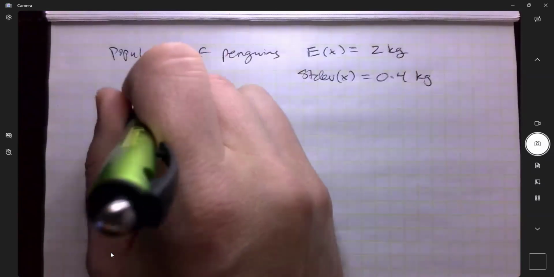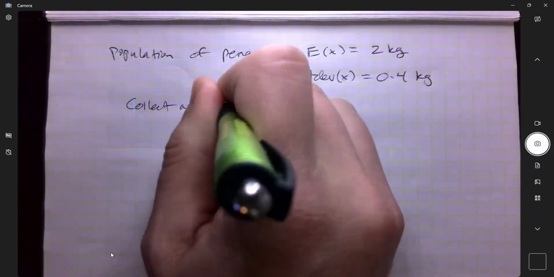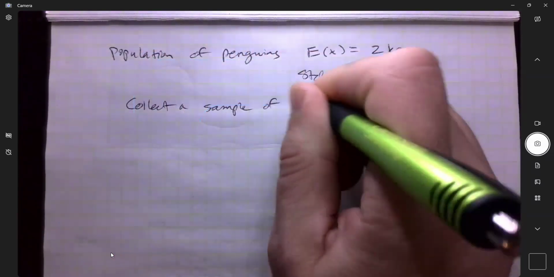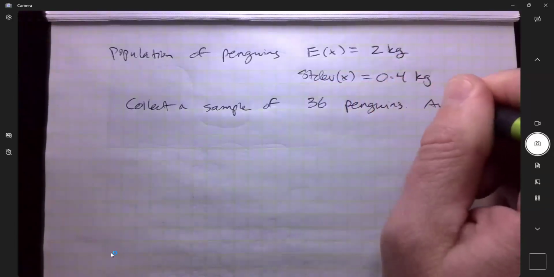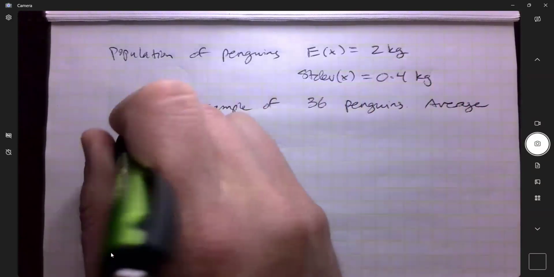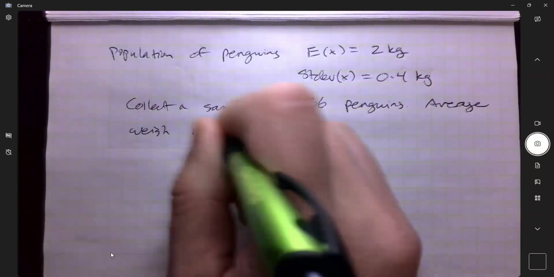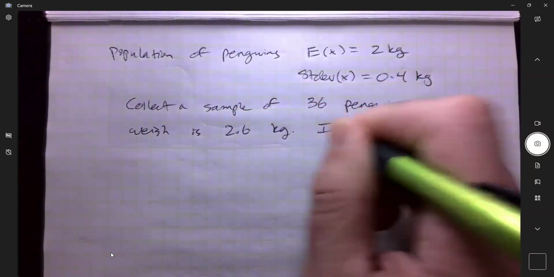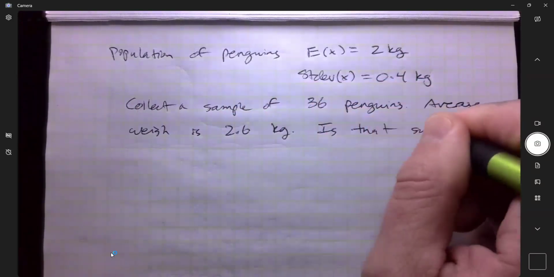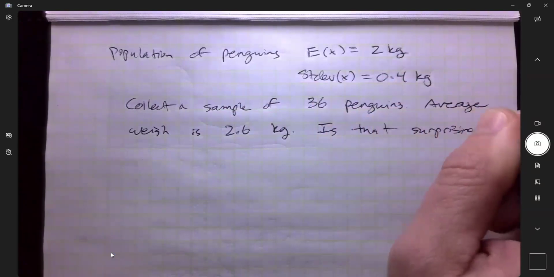Now collect a sample of 36 penguins. The average weight is 2.6 kilograms. Is that surprising, statistically speaking?